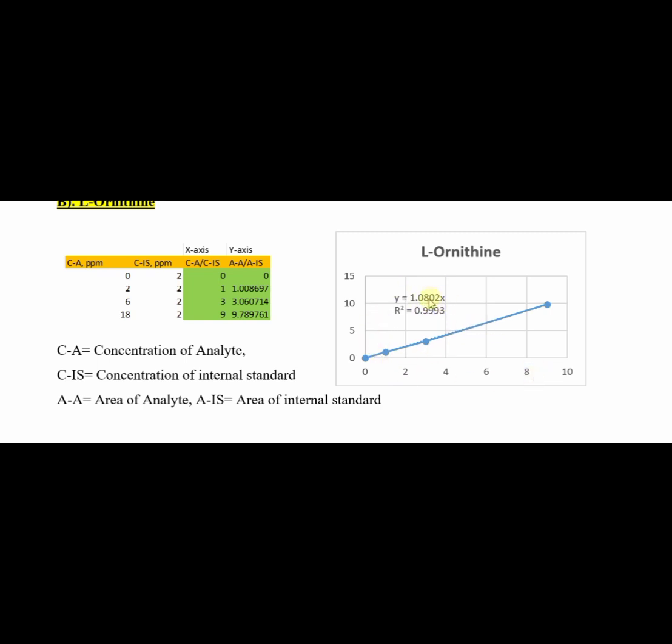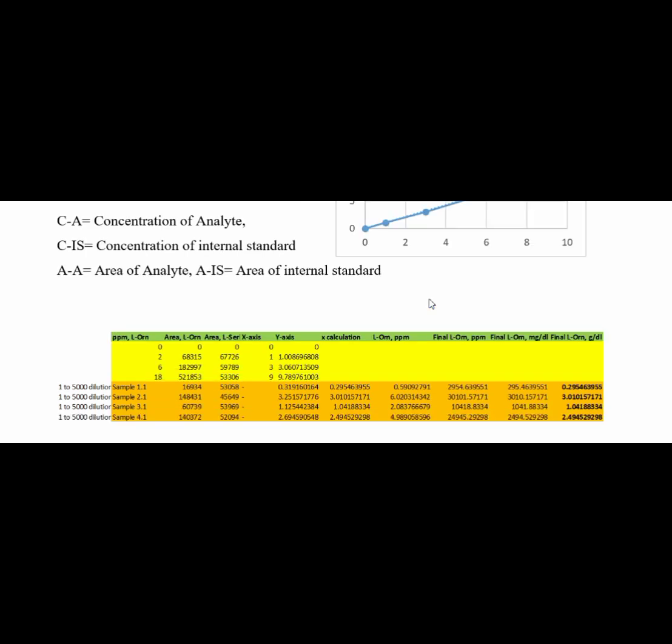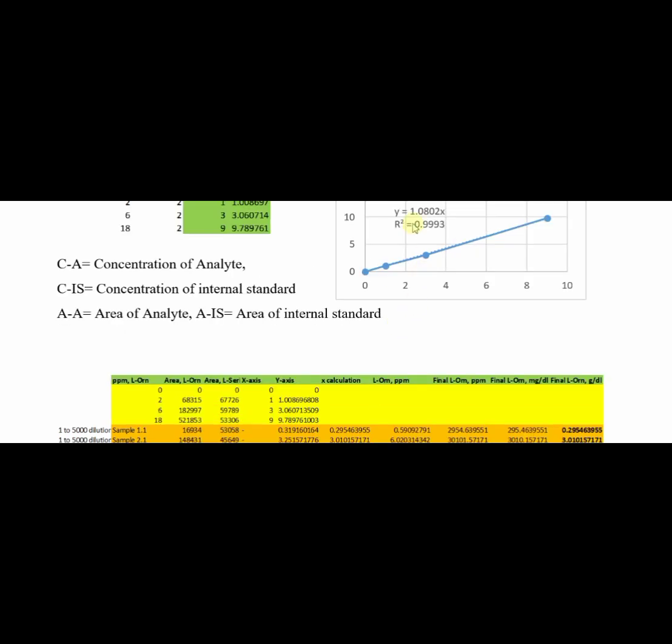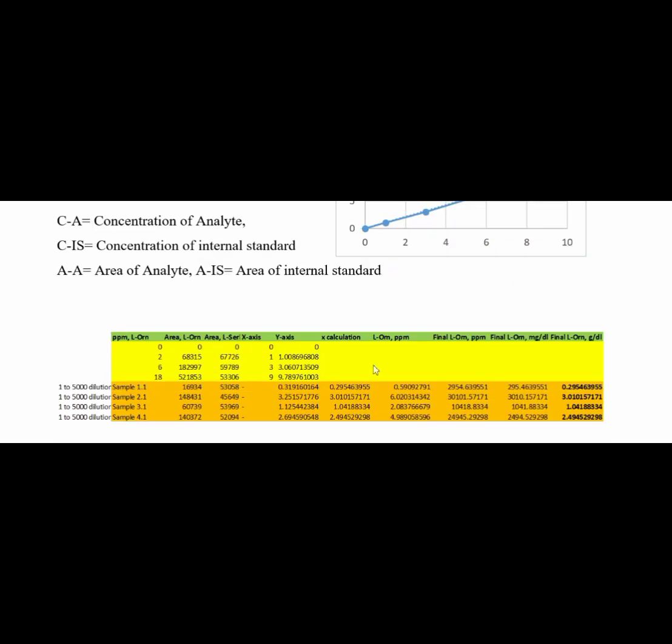Slope was obtained. So for x calculation, this y-axis value was divided by slope 1.0802. So then x value is obtained, and L-ornithine ppm value is obtained by multiplying x value by 2, that is the ppm of L-serine.